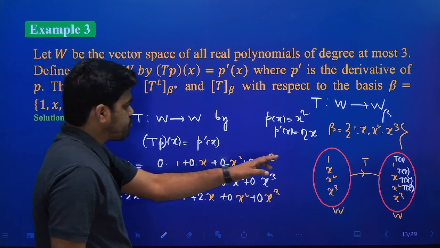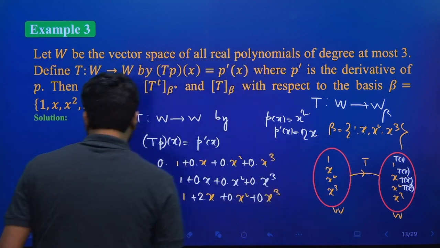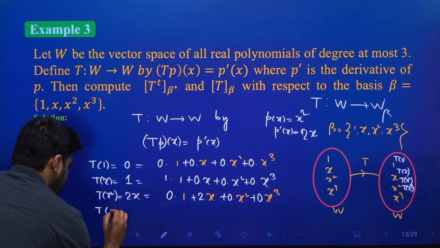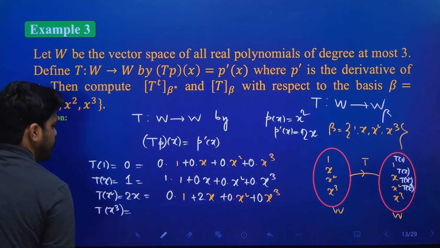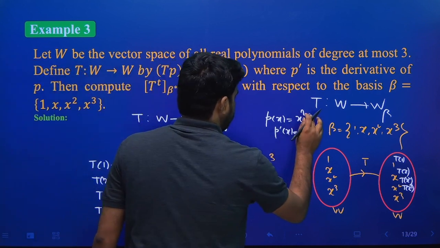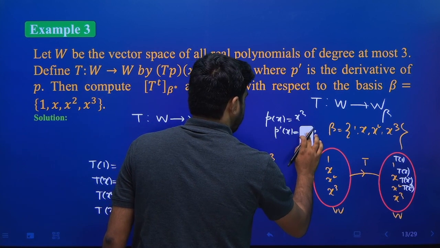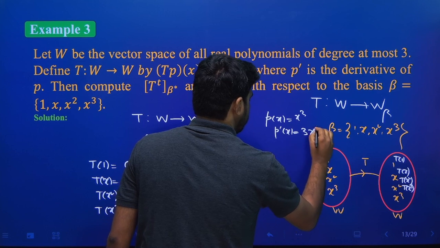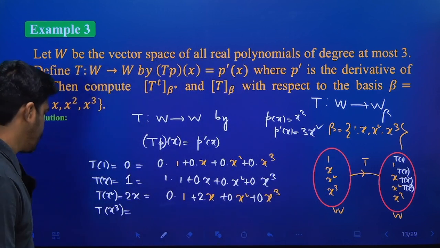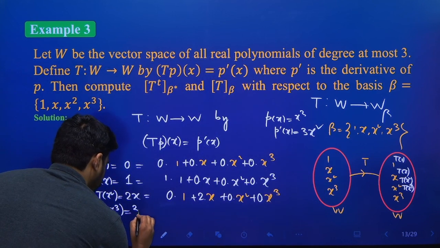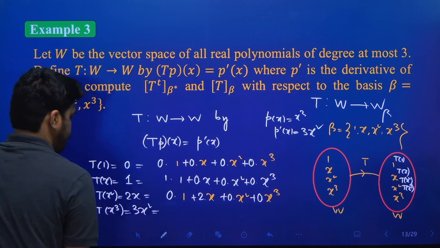Next, Tx cube. Here Px is x cube. So P dash x will be 3x square, right?